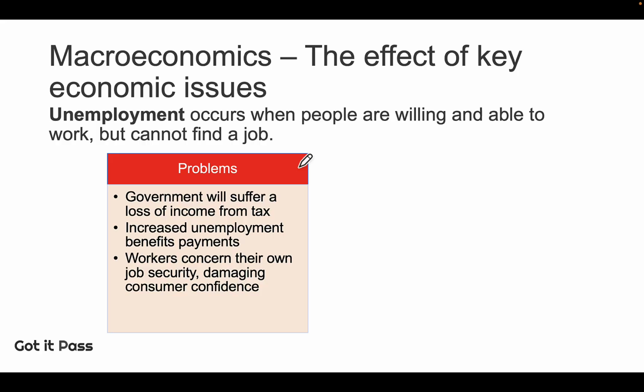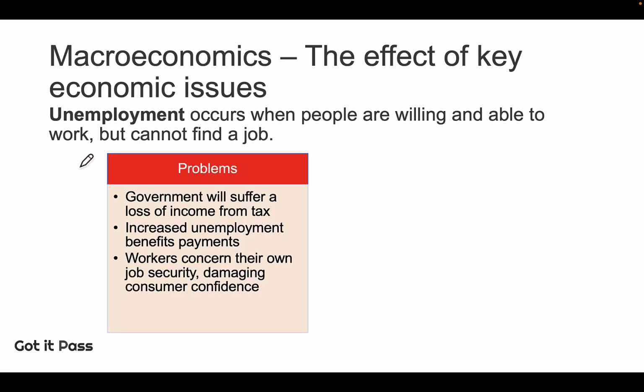For the problems, the government will suffer a loss of income from tax, because when people are unemployed they don't have salary income, so they don't pay income tax. Maybe they keep their money in their bank accounts instead of spending, so on the other side, value added tax and other taxes as revenue for the government will be reduced as well.